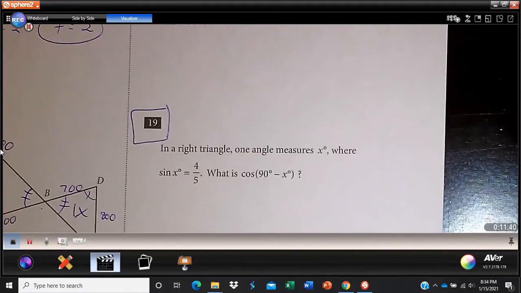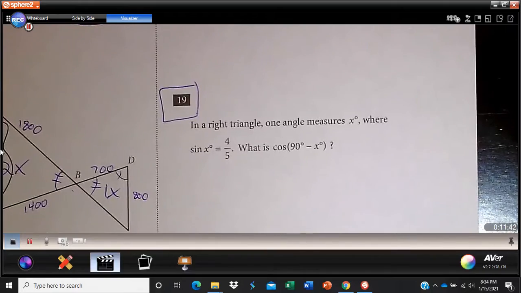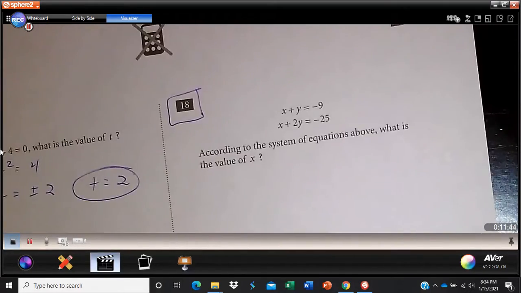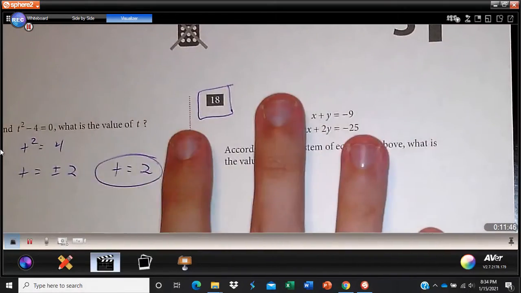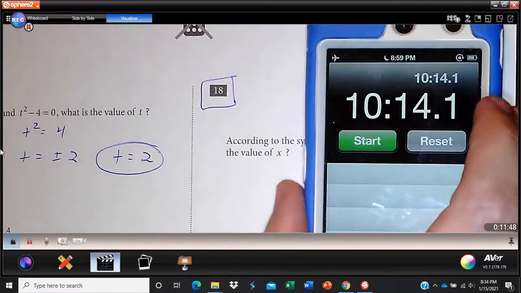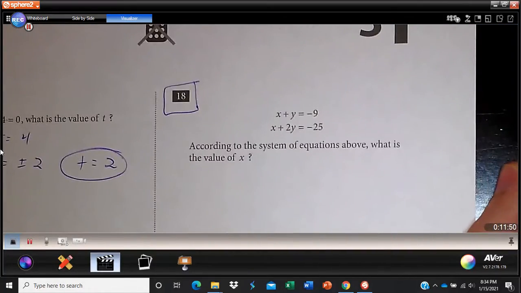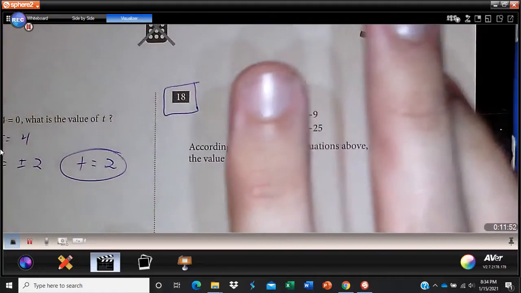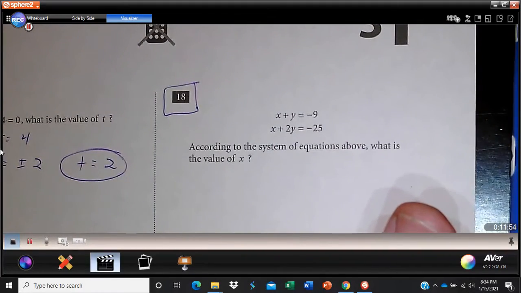So there are 6 questions left out of 20, so that's 30%. So we did actually do 70% of the test. It's been 10 minutes and 14 seconds. We have another 15 minutes left, and we have only 30% of the test left to go over.